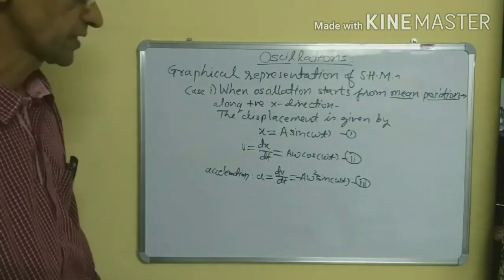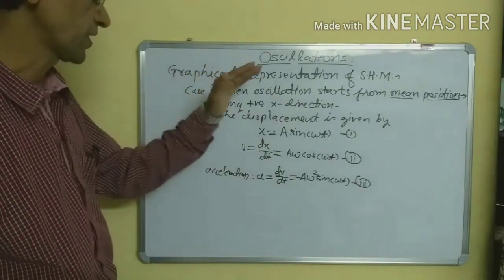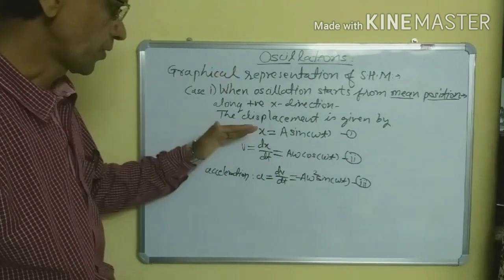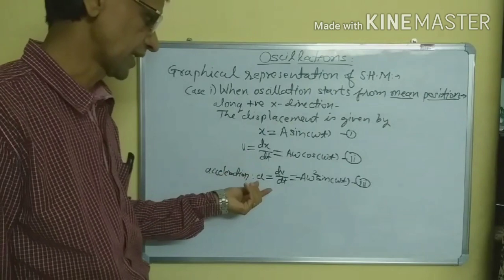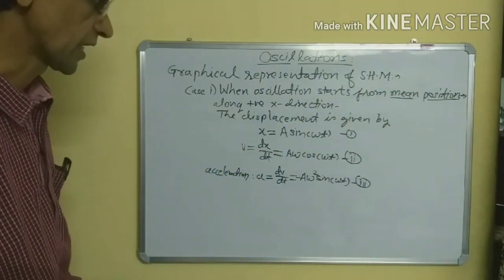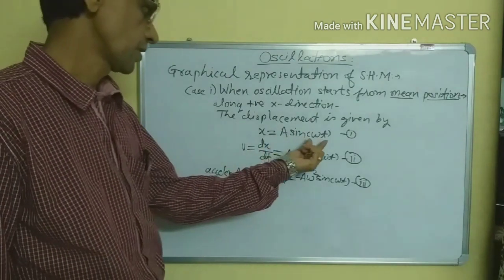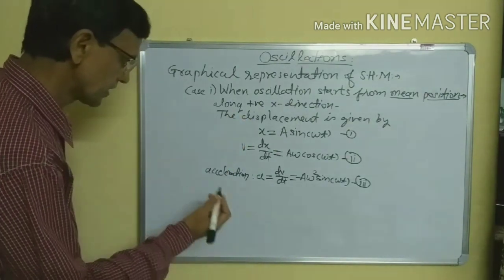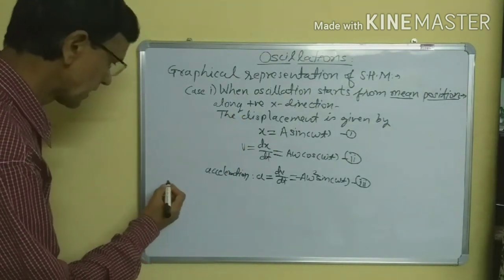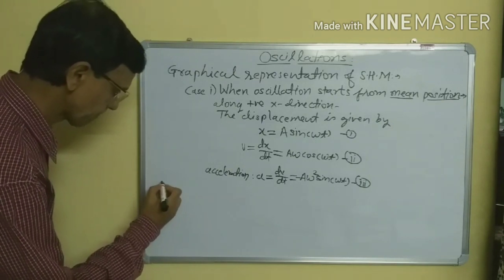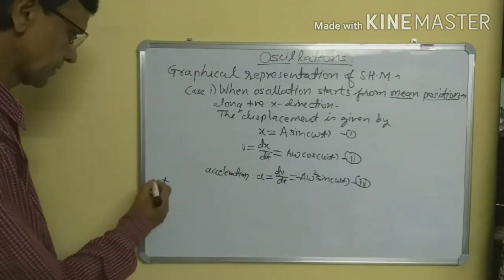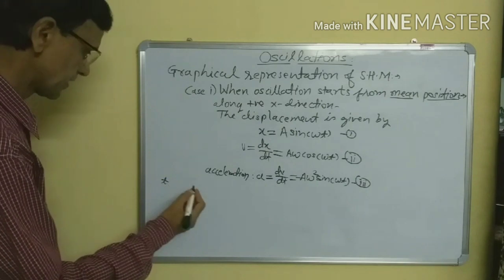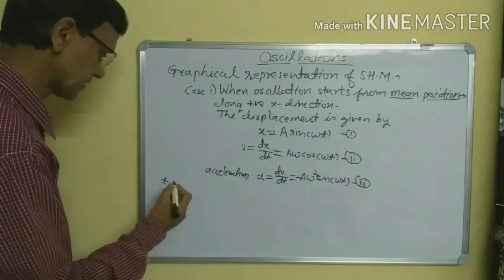From these expressions we are going to find out how it can be expressed graphically by forming a table for displacement, velocity, and acceleration with respect to angle theta, or omega t. To make the table, let us consider the time t as the first variable, with different values taken along the x-axis.